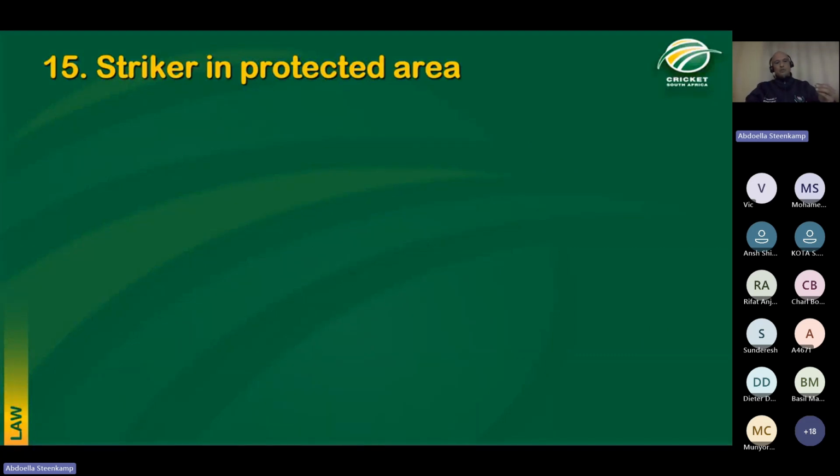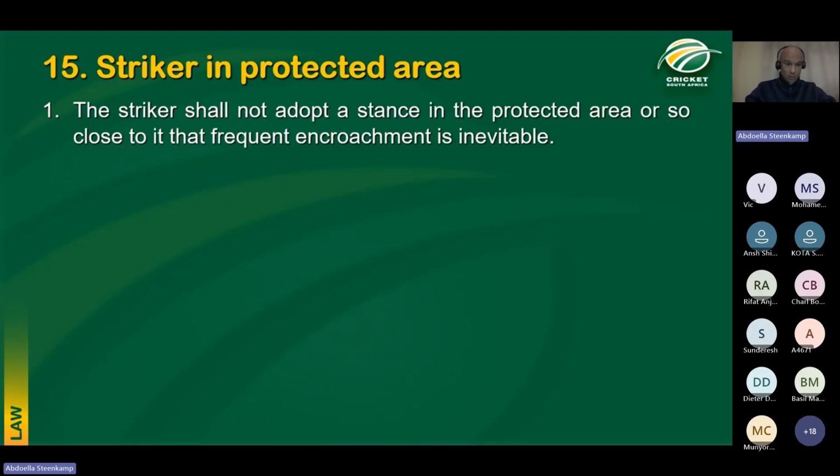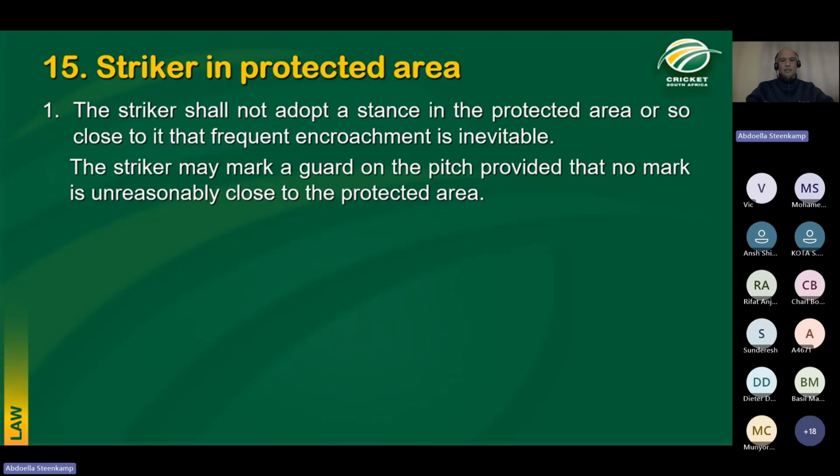So when it comes to the striker in the protected area, we've covered the bowler and how to deal with it. Firstly, the law tells us the striker not to stand so close to the protected area, because if they're going to play a shot, they're going to go into it. If they play a forward defensive shot ball after ball, they go into the protected area every time.